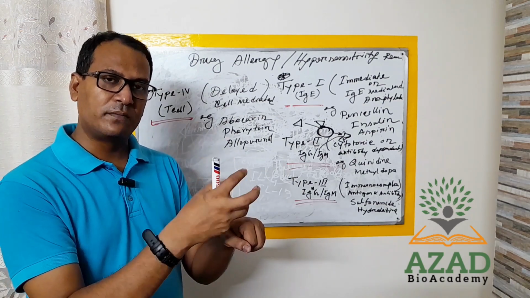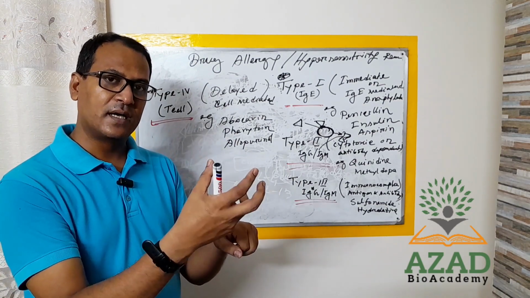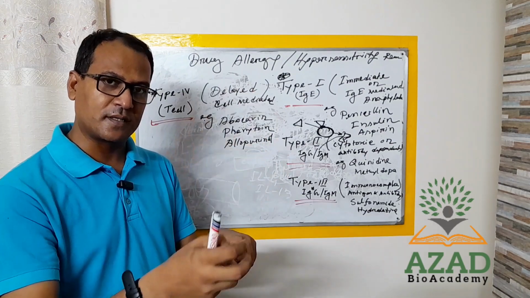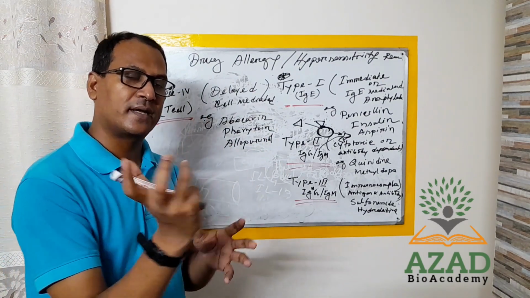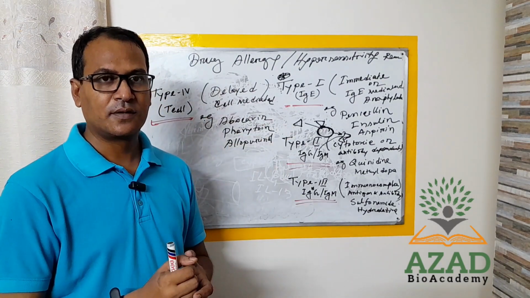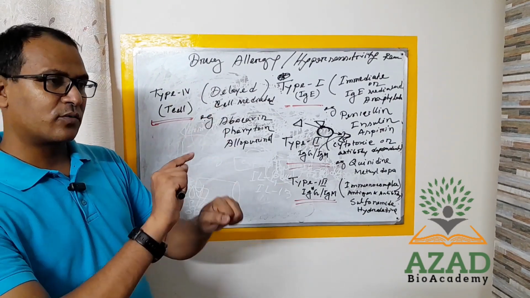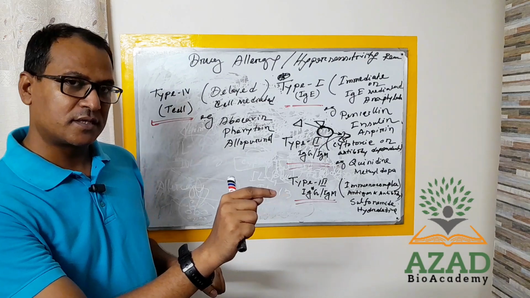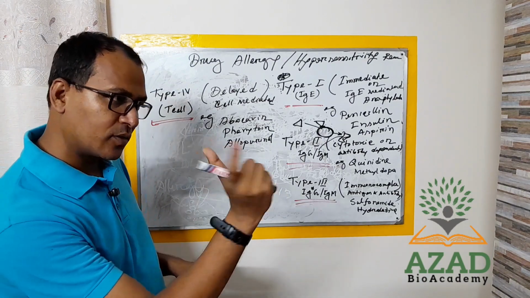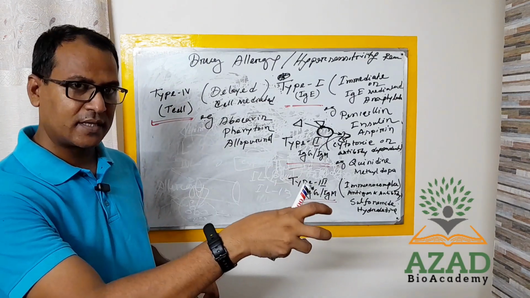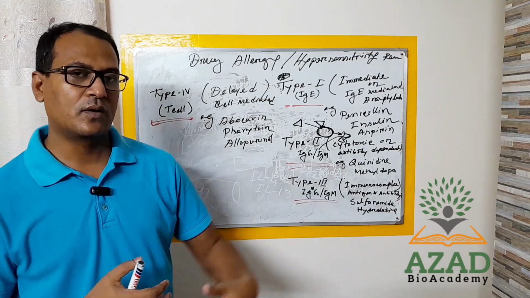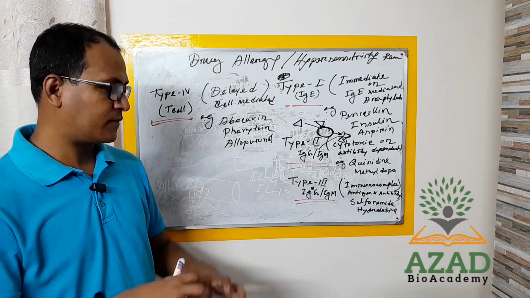Then what will happen over there? That drug will be identified by the T cell, basically helper T cell, and then the helper T cell will arrange an immunological reaction. So this is called cell mediated, because when the drug is trapped in the skin, your T cell will find the affected area, and it will call upon further immunological reaction.